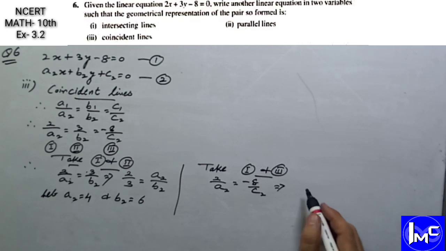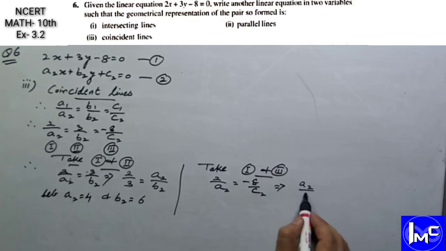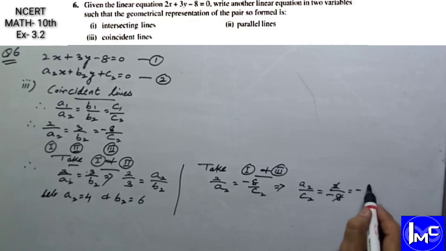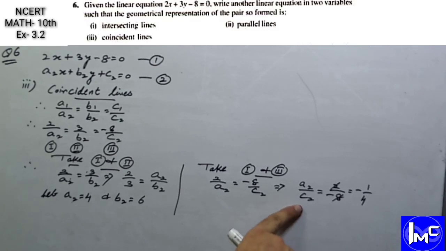It can be written as a2 over c2 is equal to 2 over -8, which can be written as -1 by 4. Now we will take the values of a2 and c2 equal to this ratio.